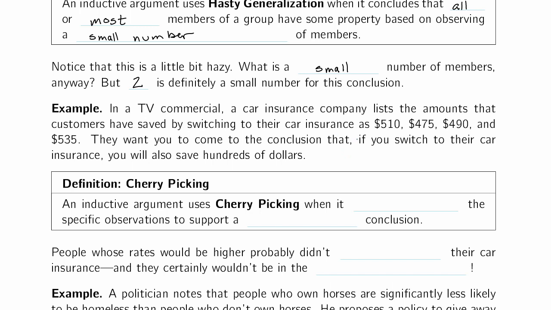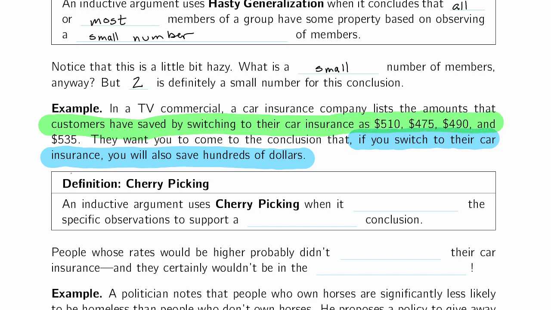So the conclusion they want you to draw is that if you switch to their car insurance, you will save hundreds of dollars. And the premise they want you to believe this from is that customers that have switched, well, they've saved all these different amounts of hundreds of dollars.